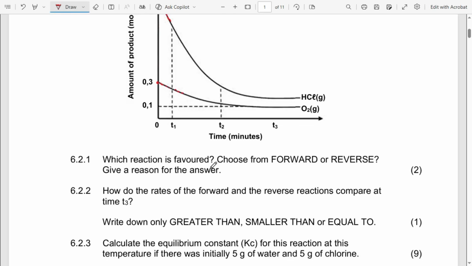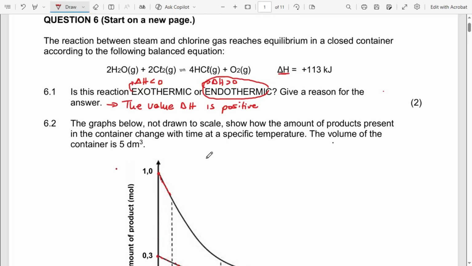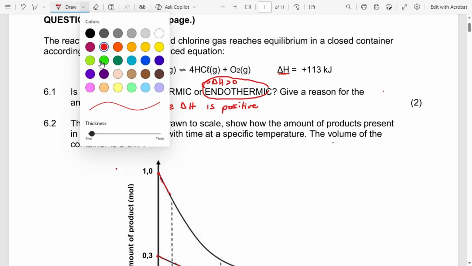Now, which reaction is favored? Choose from forward or the reverse, and they want you to give a reason for your answer. Let me quickly explain this one.